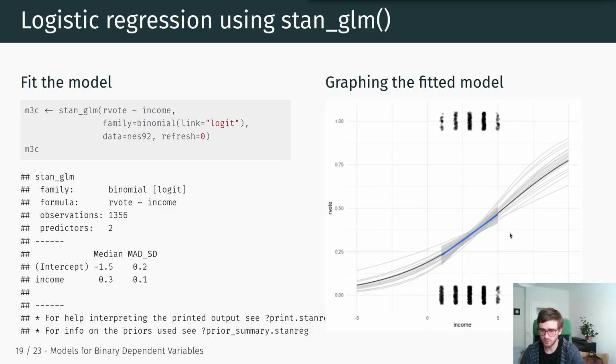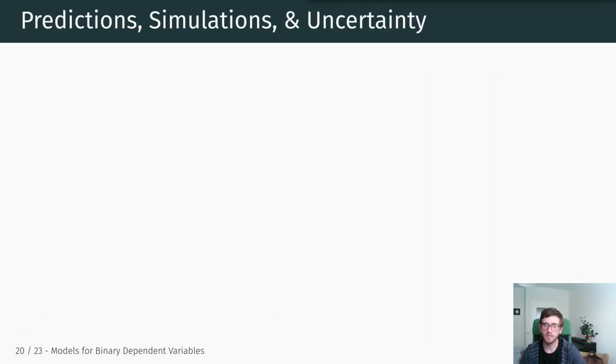And in order to do that, if we're using Stan for our estimation, we directly have a large set of simulations and a large set of quantities that we can generate based on our simulated draws from the posterior distribution, right?